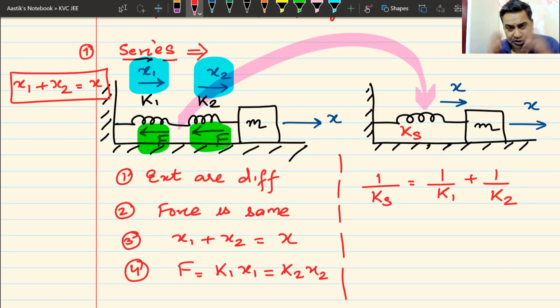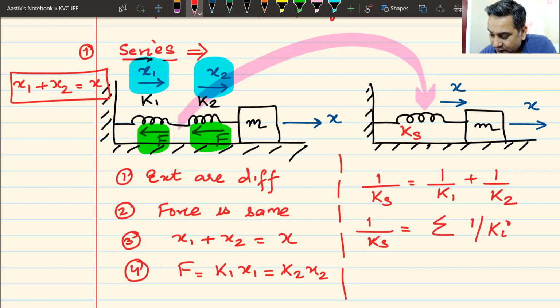If I want to make it a general formula for more than two springs, I can write it like this. 1 by Ks, S standing for series, will be equal to summation of 1 by Ki, i varying from 1 to n. This will be the general formula for finding the spring constant of the series equivalent spring.